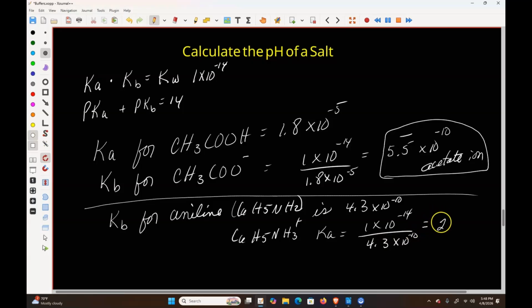So that will be 2.32 times 10 to the negative 5. So we'll use this little trick to calculate the pH of salts.